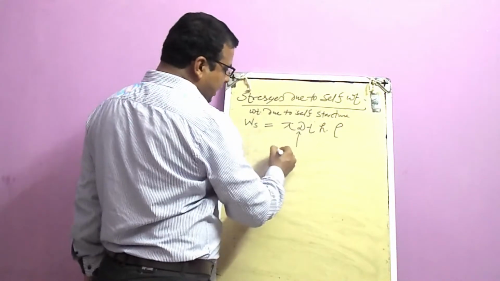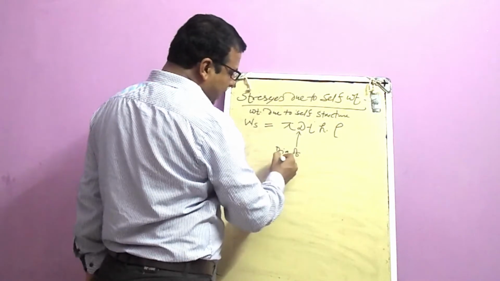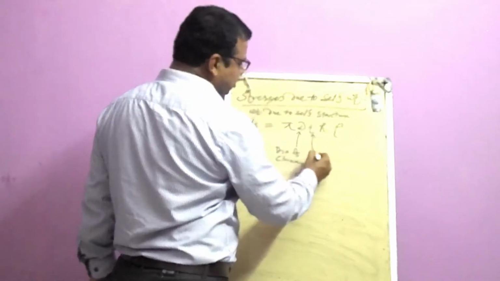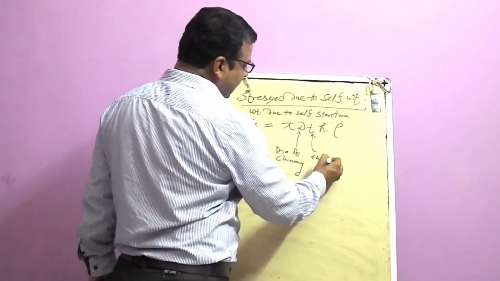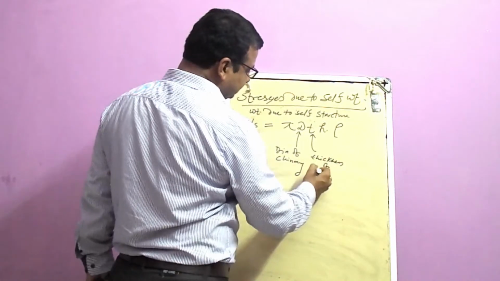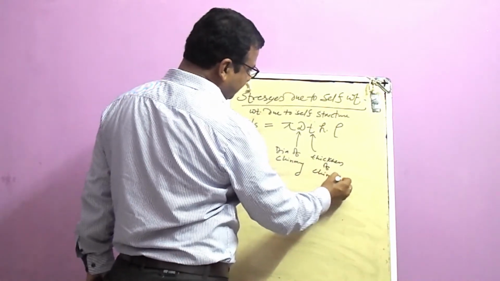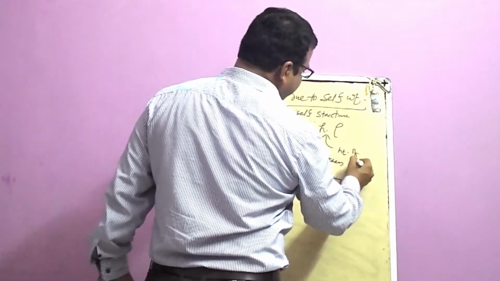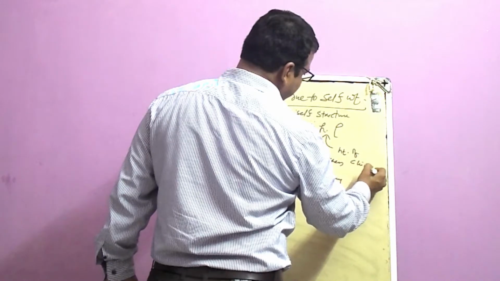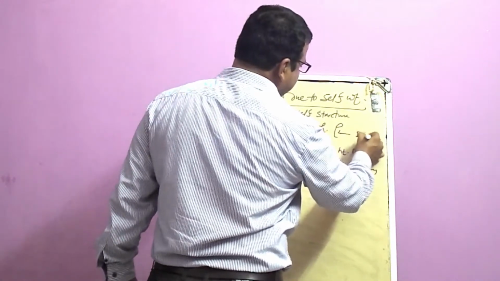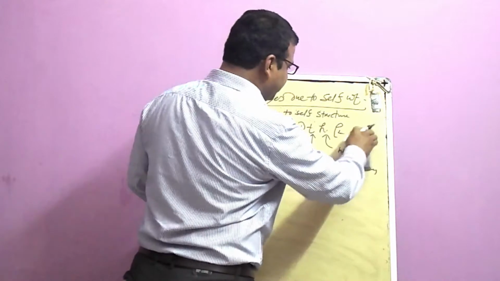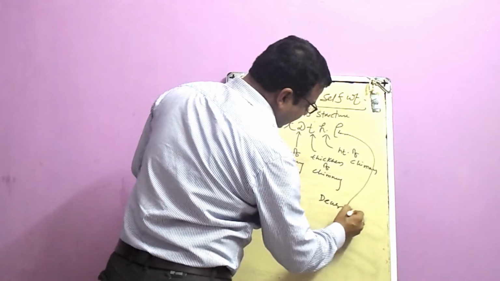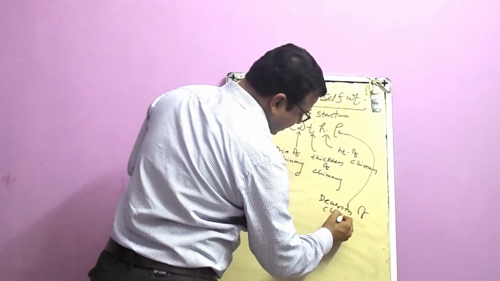So this d is the diameter of chimney at that particular section. This is the thickness of chimney, this is the height of chimney, and this is the density of chimney.